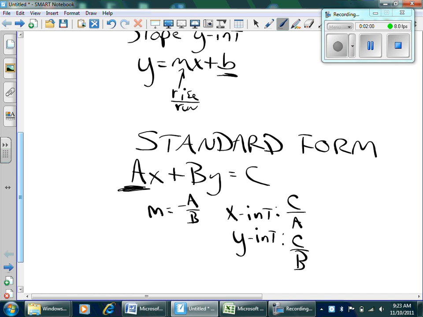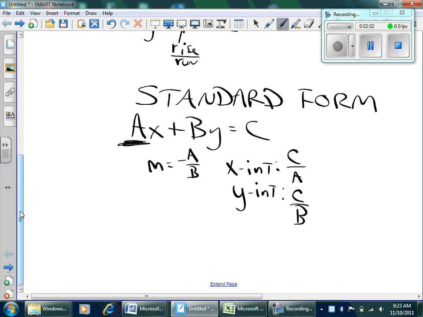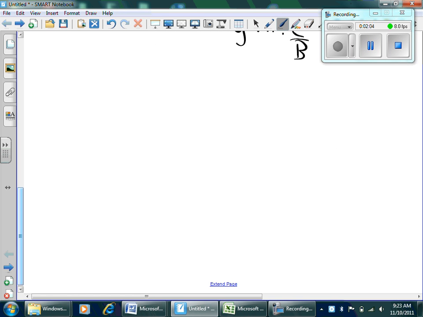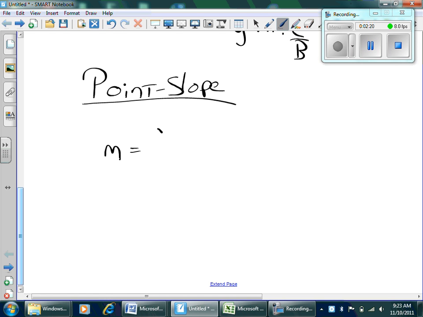Today we're going to learn a new type of equation, a new form, and this is called point-slope form. And point-slope form comes directly from our slope equation. Remember, our slope equation is m equals y sub 2 minus y sub 1 over x sub 2 minus x sub 1.